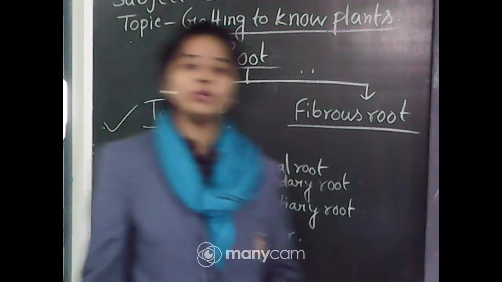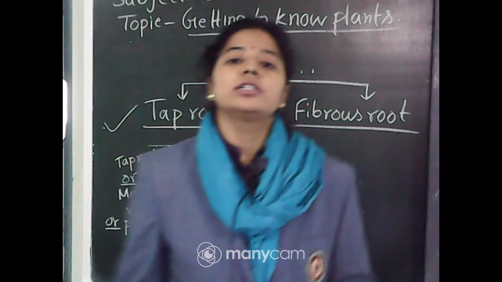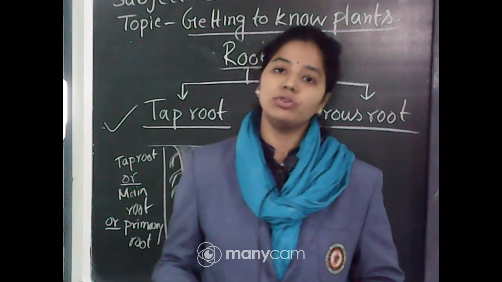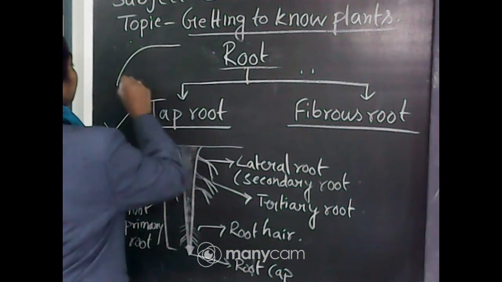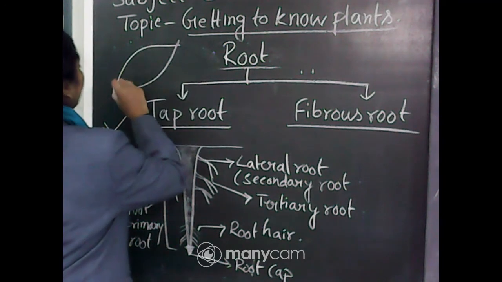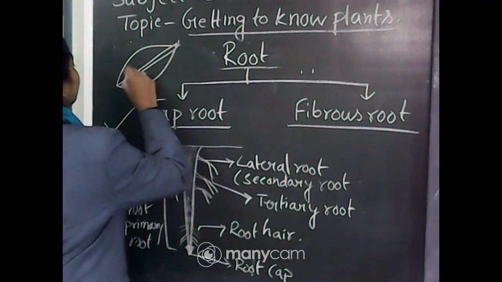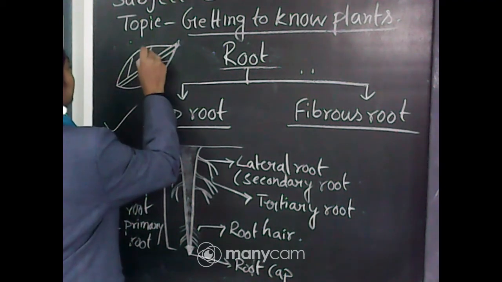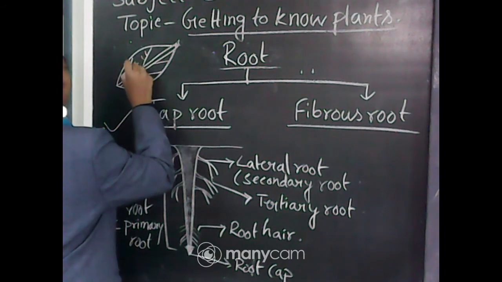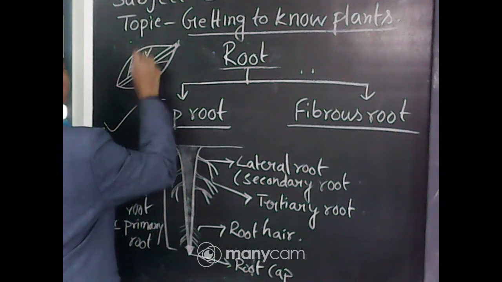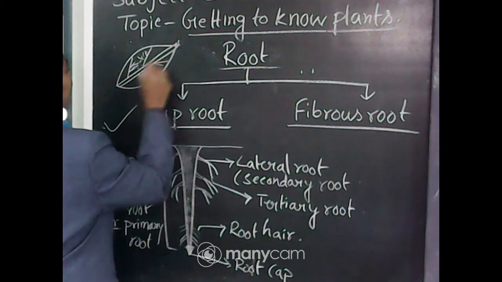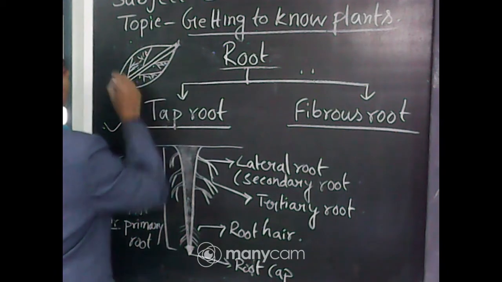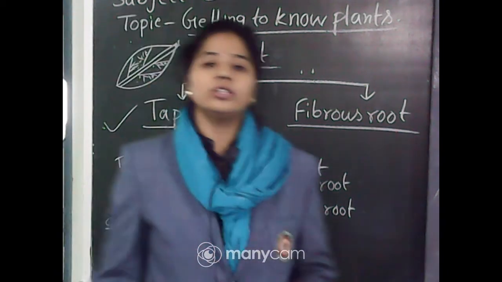Now one thing you have to remember, the plants with reticulate venation. Reticulate venation means, if this is a leaf and this is the midrib, then the veins along the two sides of the midrib, and from the veins small veinlets make a net-like structure on the two sides of the midrib.